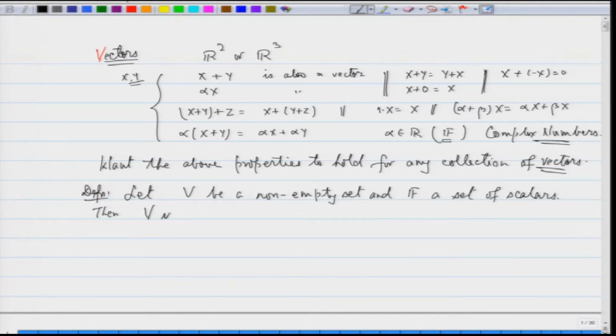Then V is said to be a vector space over F. So F does play a role, that is important, over F. V is said to be a vector space over F if the above conditions hold.